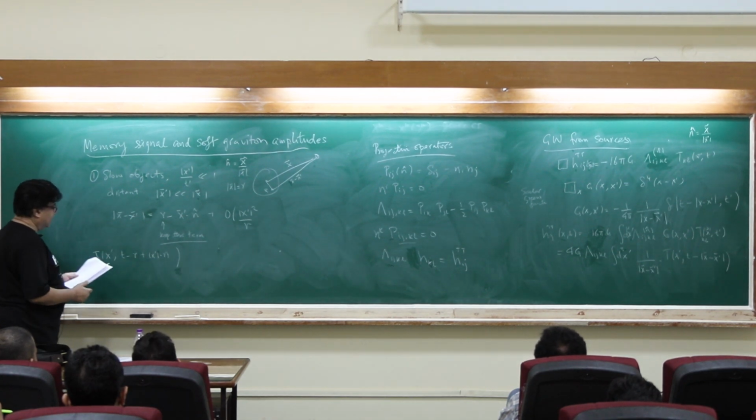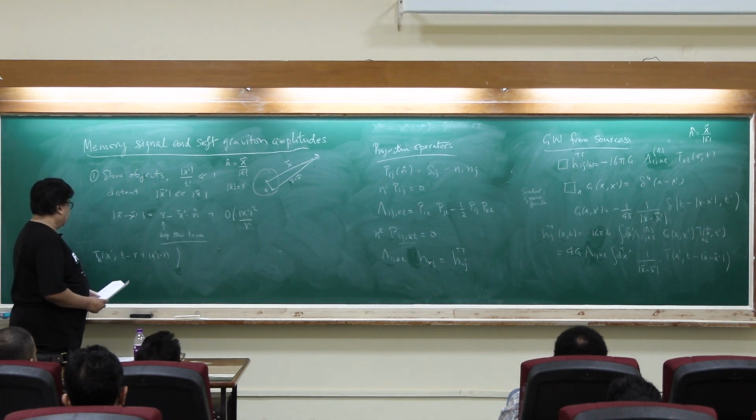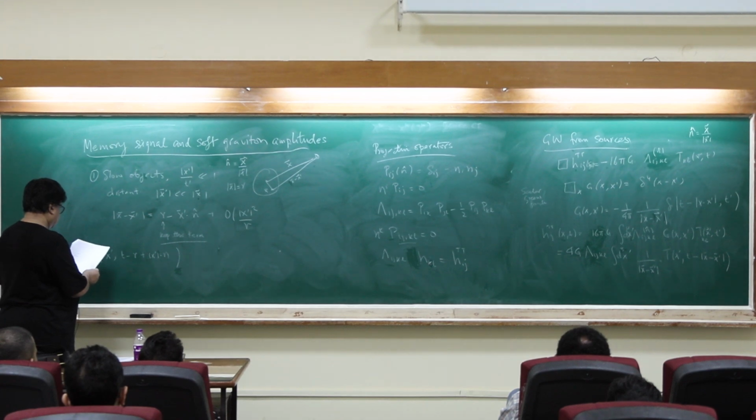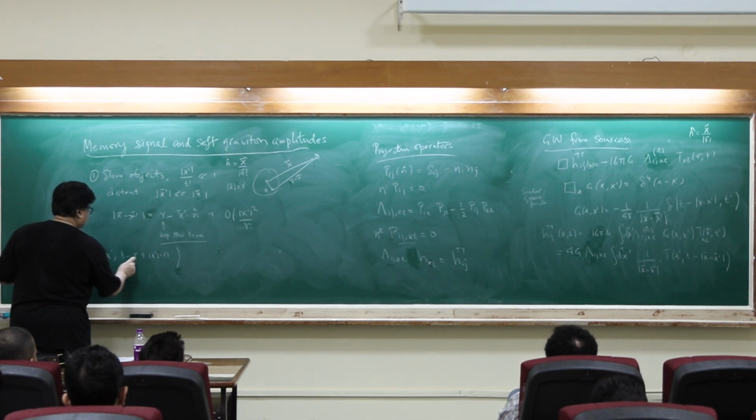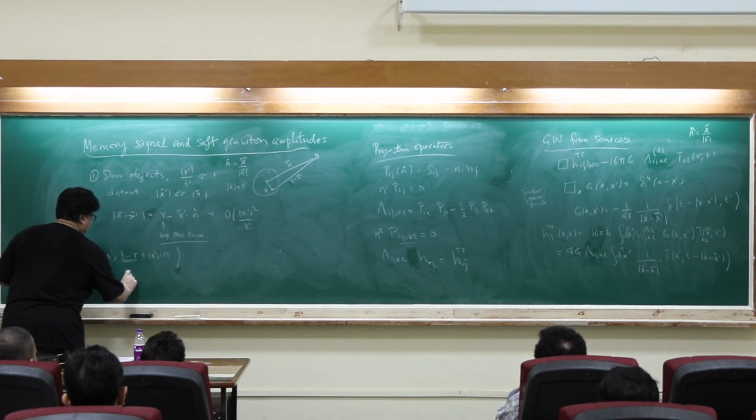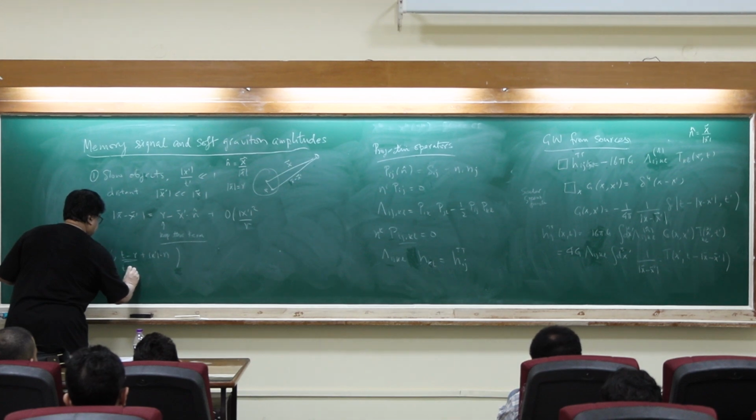Do the same expansion in t, and call this object t retarded.